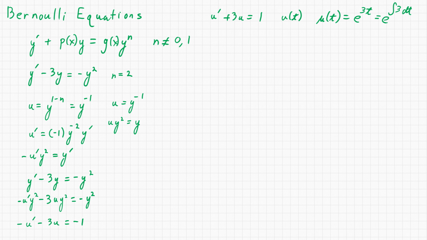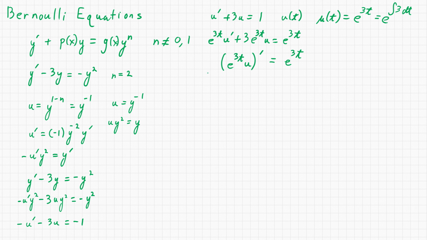So we multiply that through and get e to the 3t u prime plus 3 e to the 3t times u equals e to the 3t. Then we can collapse this with a reverse product rule. This is equivalent to e to the 3t times u, the whole thing prime, which still equals e to the 3t.